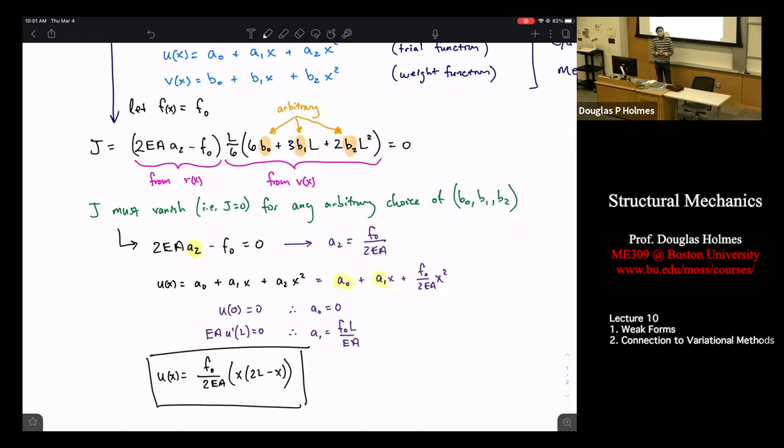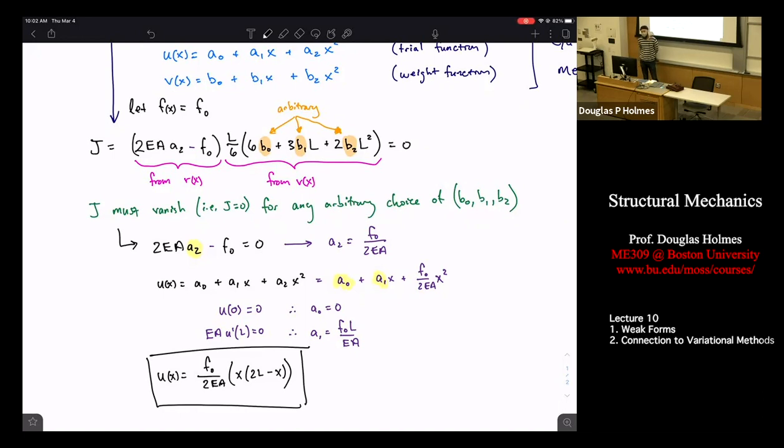But the idea here is we are using some virtual displacement, in this case a virtual displacement field, to ensure that since that virtual displacement is arbitrary, whatever multiplies that virtual displacement ends up being the quantity that we have to solve for. So I don't know if that's.